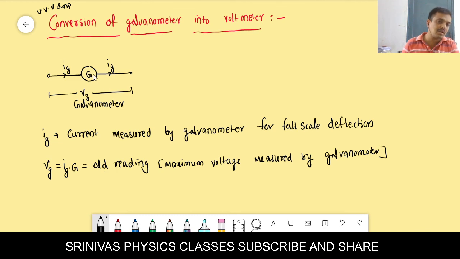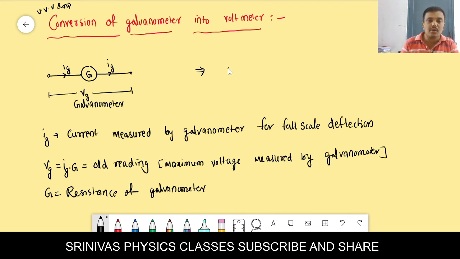Now I want to convert this to measure a large voltage. What do I have to do? What is G here? G is the resistance of the galvanometer.